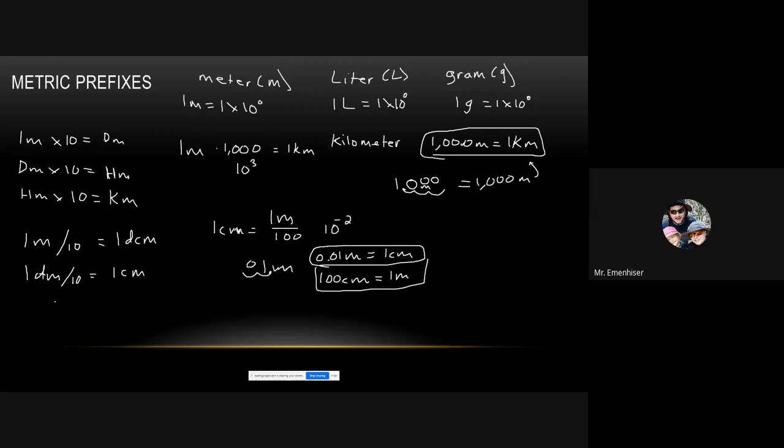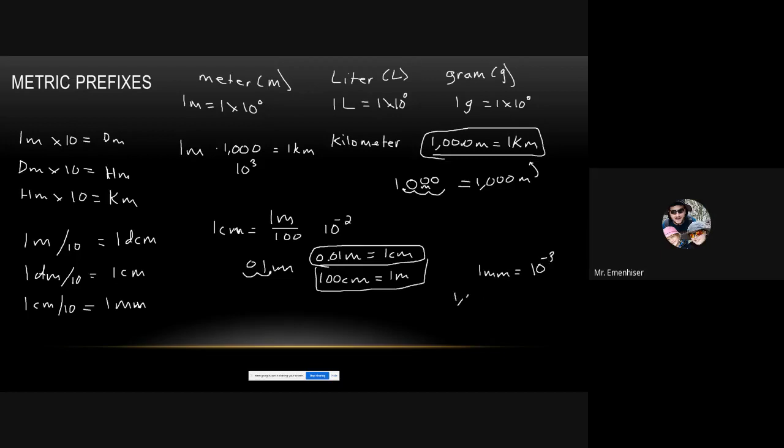Okay, let's divide a centimeter by 10 again. We get another unit that's pretty familiar, the millimeter. Okay, and a millimeter is 10 to the negative 3, because we divide by 10 3 times. Okay, remember when we divide, the exponent is negative.